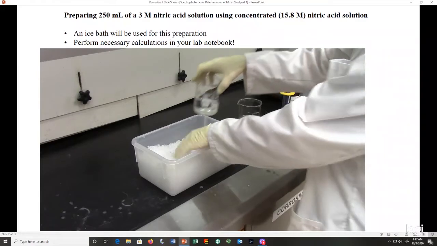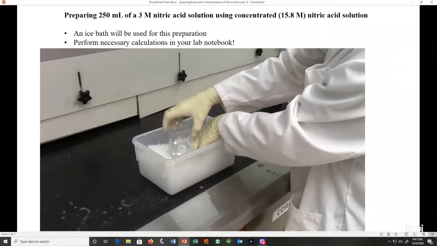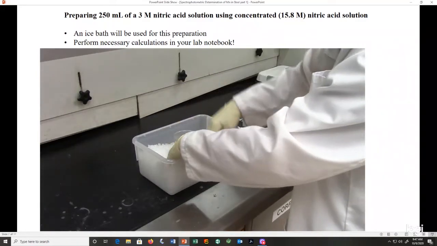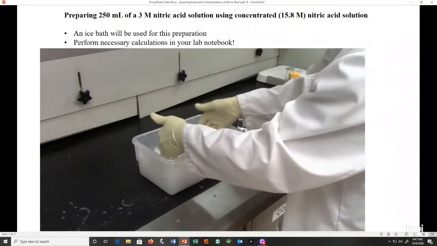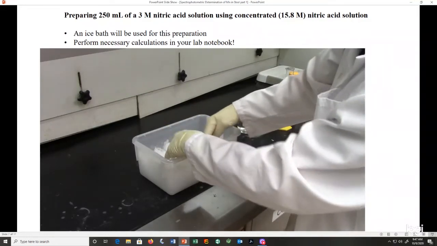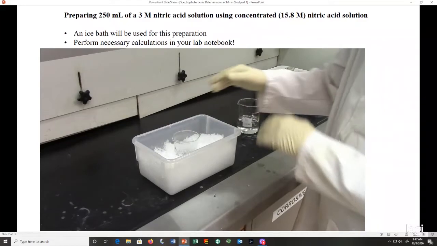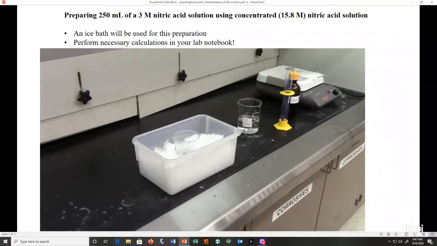First, we're going to put some water in the beaker, so we can be adding the acid to the water. And we'll let that sit there for a couple minutes to make sure the water gets cold.